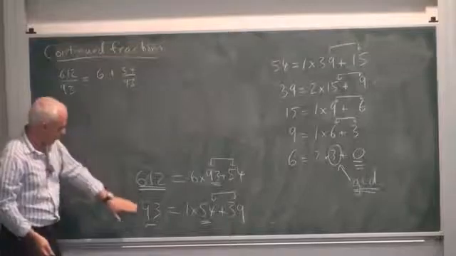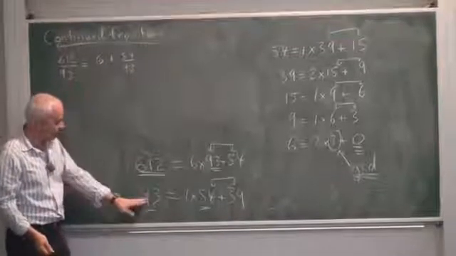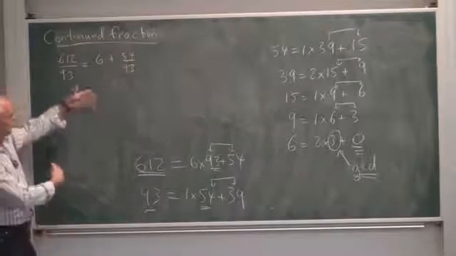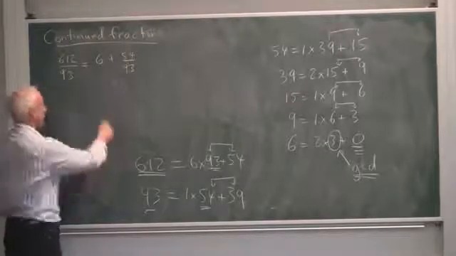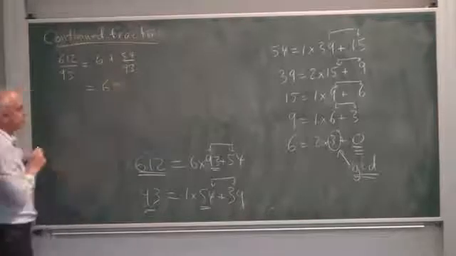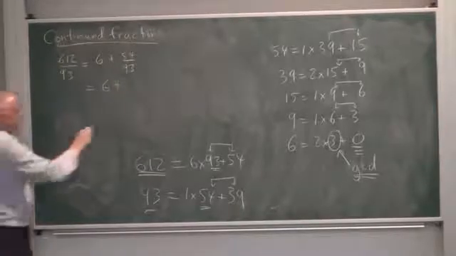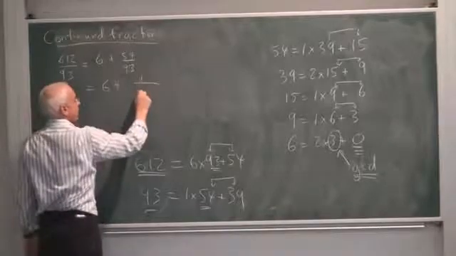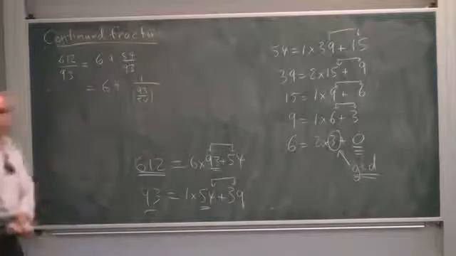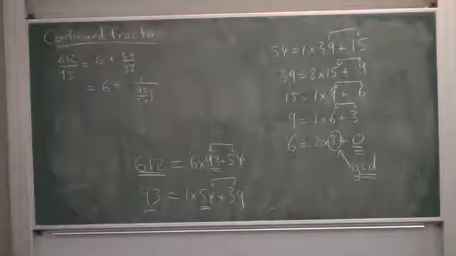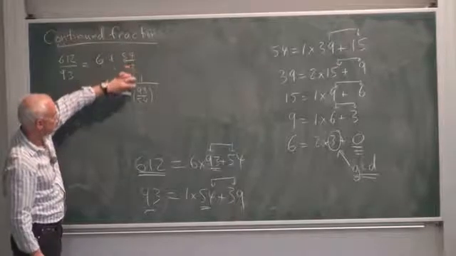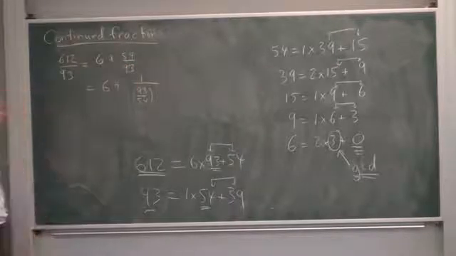Now what we're doing at the next step is to divide 93 by 54. So what we should do arithmetically to correspond to that is to think about rewriting this as 6 plus, we'll write 1 over 93 divided by 54. That's a legitimate operation. 54 over 93 is the same as 1 over 93 over 54.